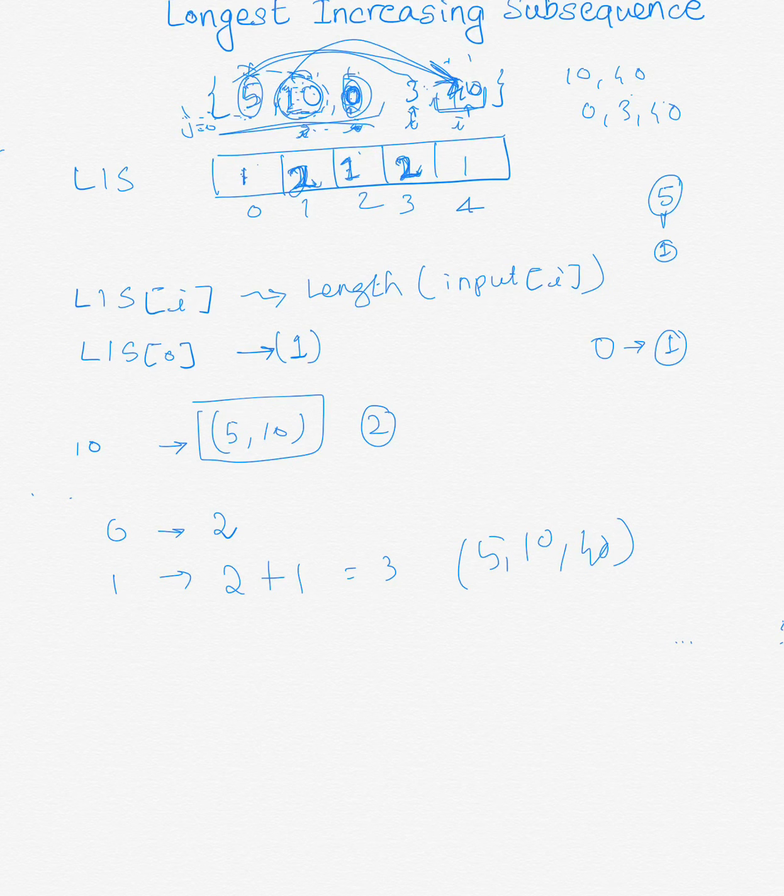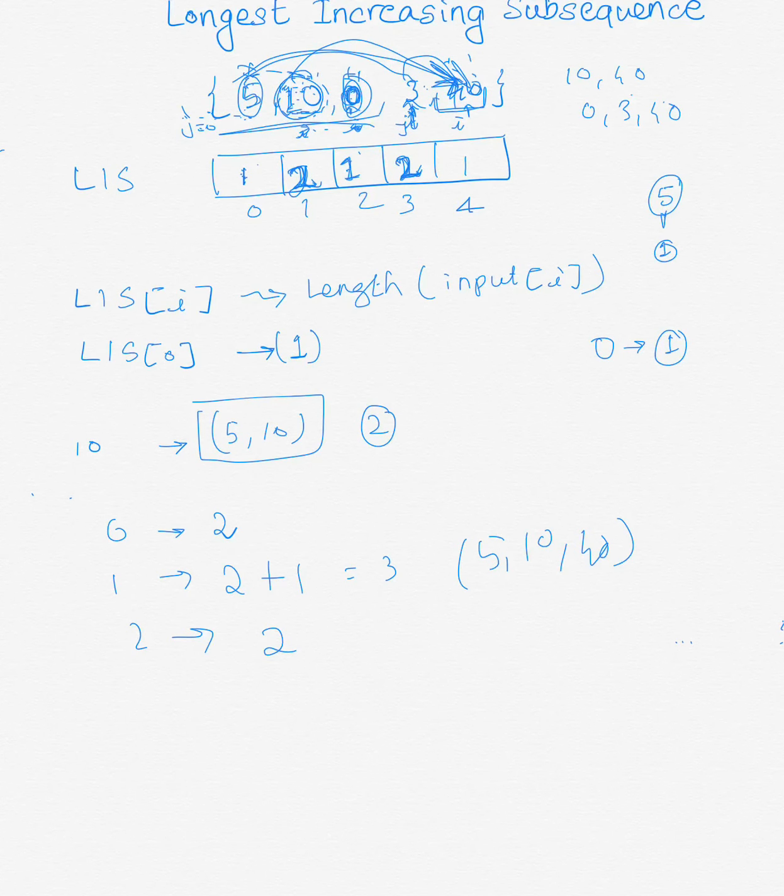Then we increment j again, and here we see that 0 can also form a subsequence with 40. The length of that subsequence will be 2. Then we again increment j once, so j is pointing to 3 now, and we see that 3 can also form a subsequence with 40.